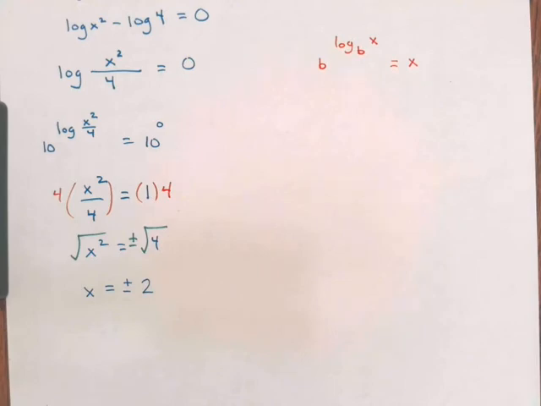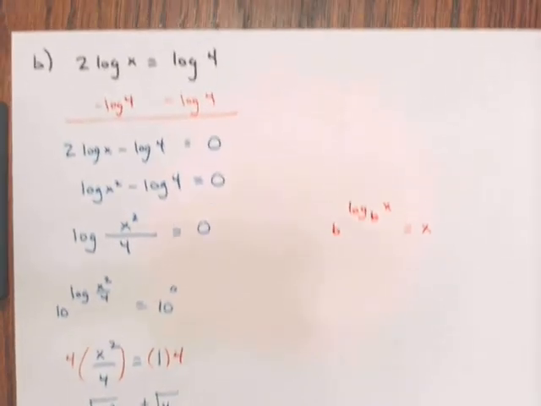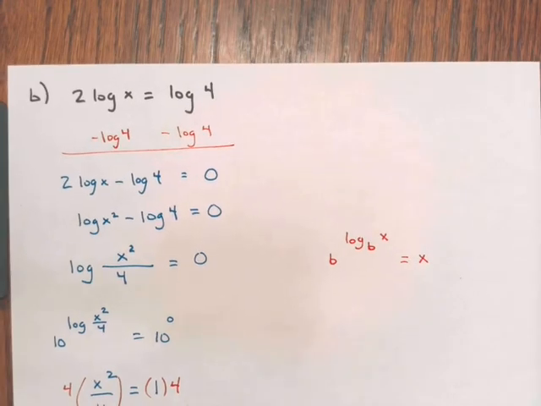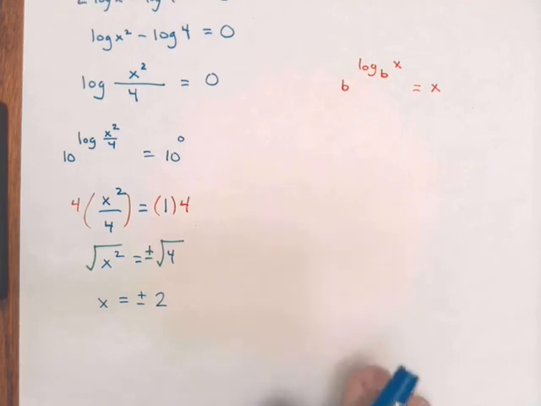So there are two possible answers to this. x is equal to plus or minus 2. We do have some restrictions with logs, and if you remember correctly, you can only take the log of positive numbers. You can't take the log of negative numbers. So I want to make sure that these two values I came up with will work for this problem.